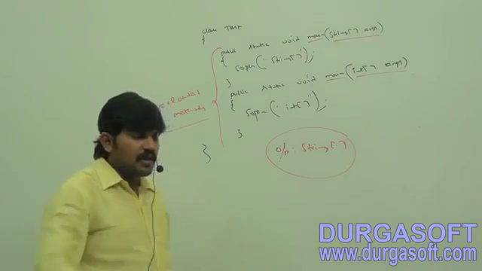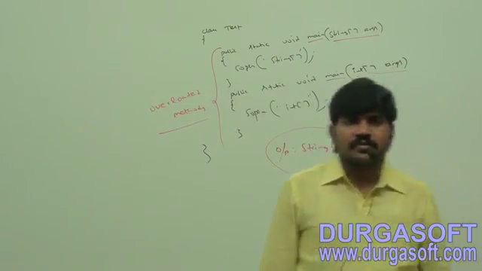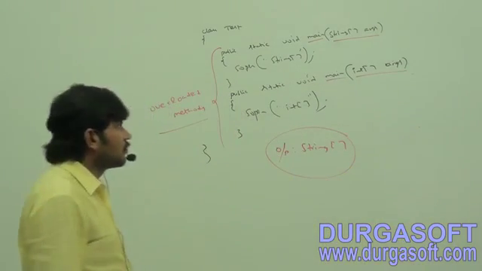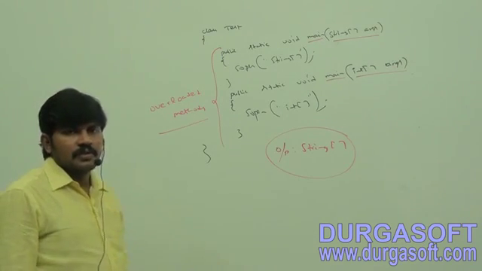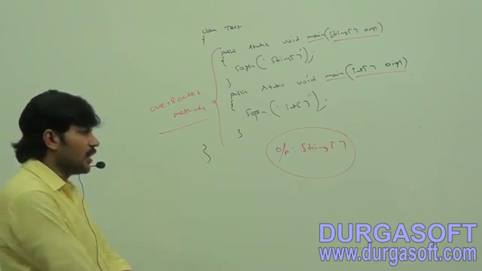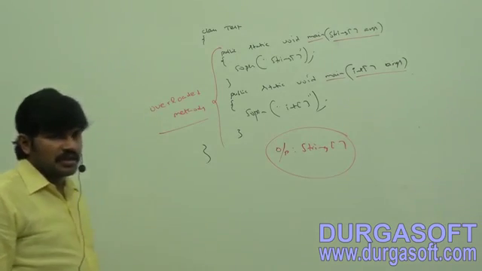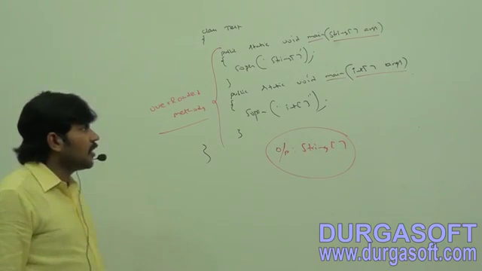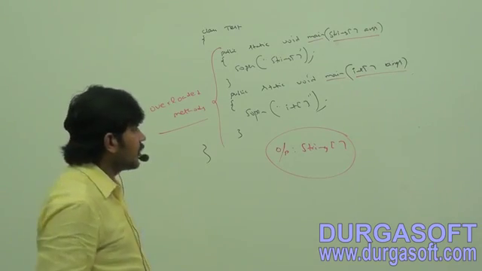But JVM can always call string array argument main method only. Okay, that's all.